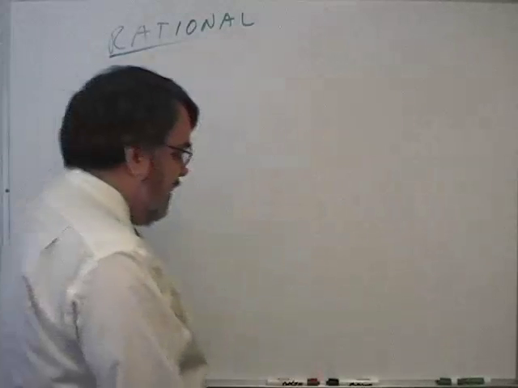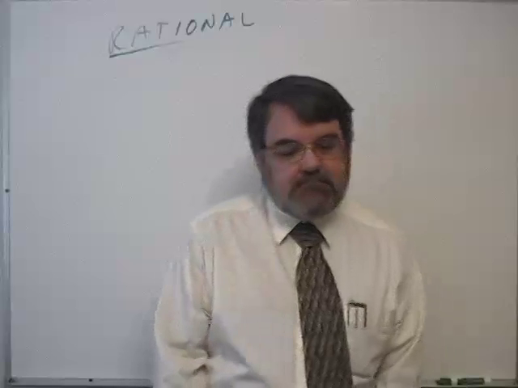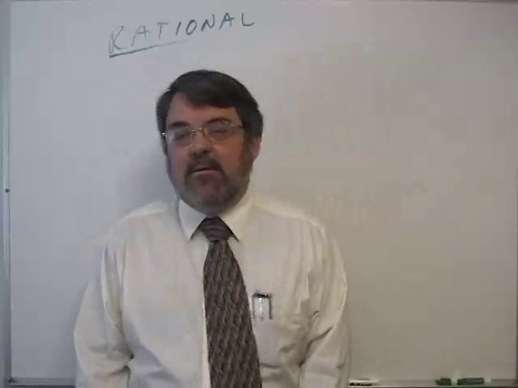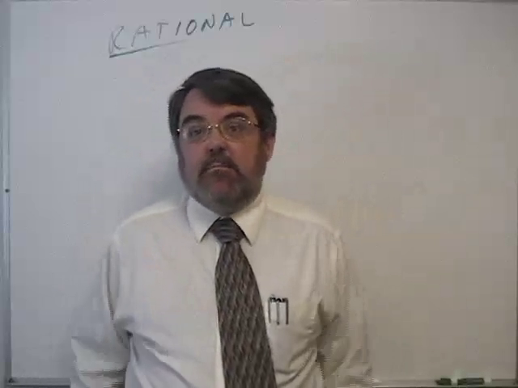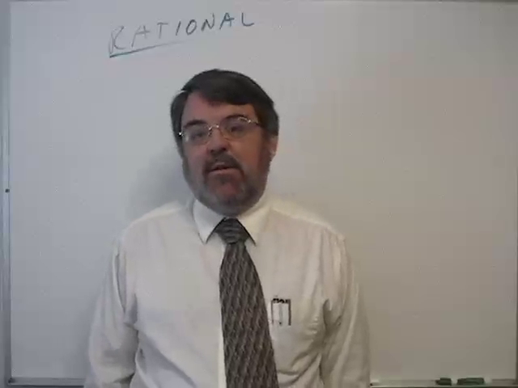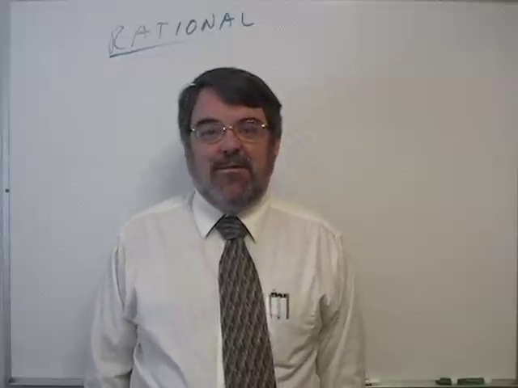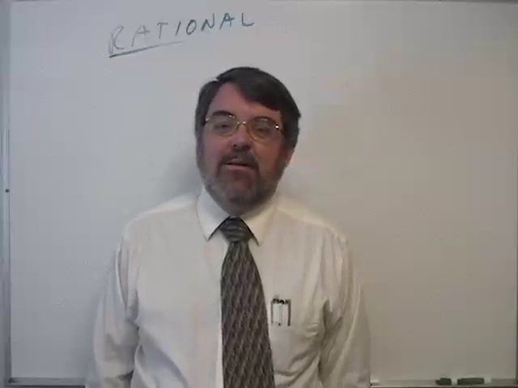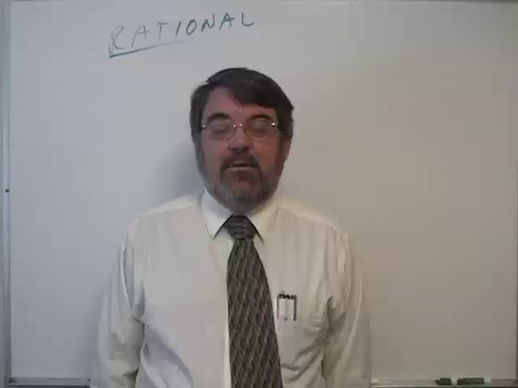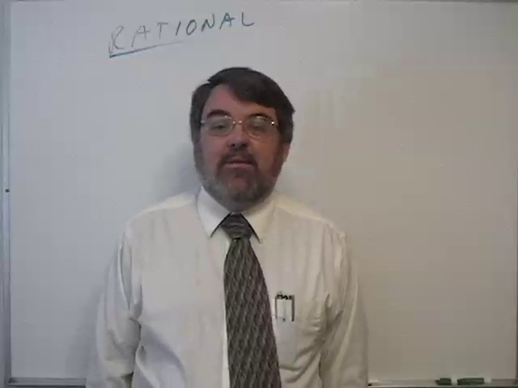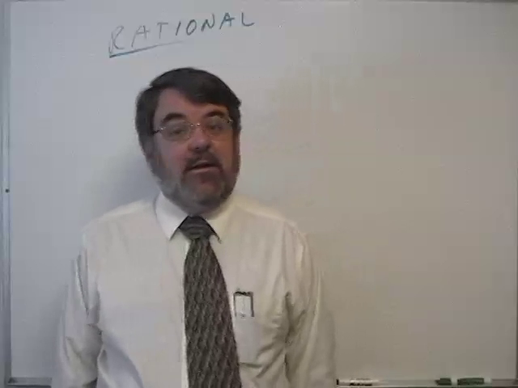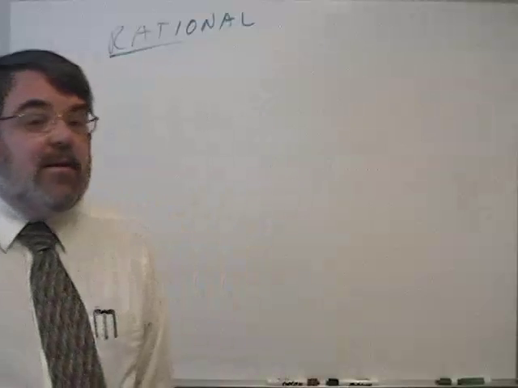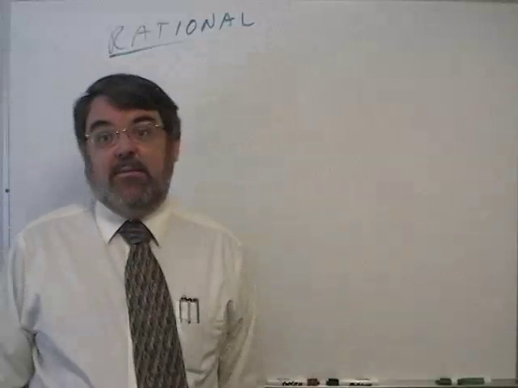Now, rational numbers are associated with patterns. When I was growing up in the 60s, nobody had electronic calculators. We had to do all arithmetic by hand. And so to me, math was pattern. Mathematics was nothing but patterns. And I saw that in about everything I did in math, particularly when it came to division.